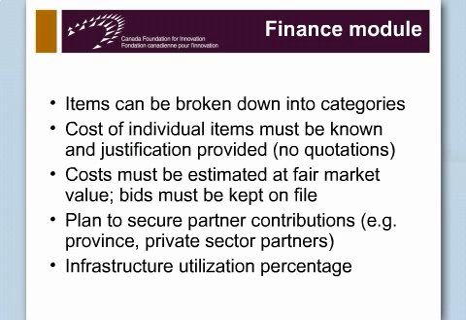The cost must be estimated at fair market value, and all your bids must be kept on file. You will have the opportunity when you finalize the award to update those bids.